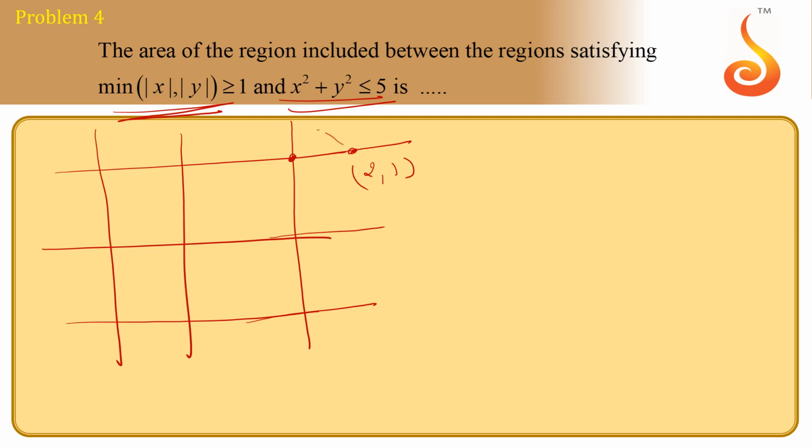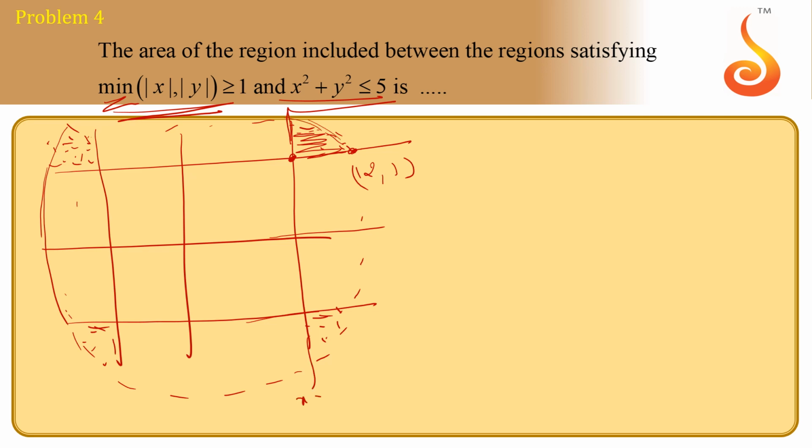So if you draw the part of the circle like this, I am asking, because the minimum of mod x, mod y is greater than or equal to 1, these are the regions. This is the dotted area I want. So please observe, this is a circle.